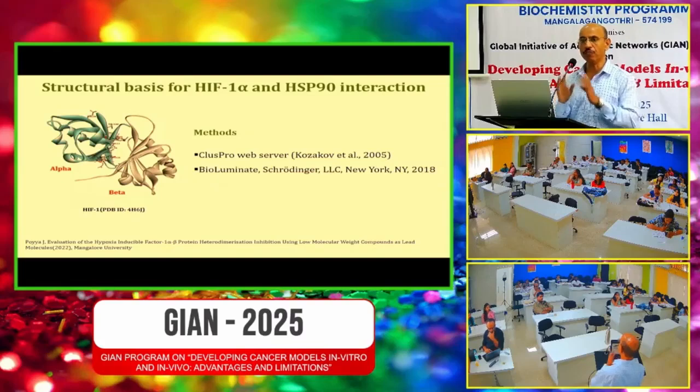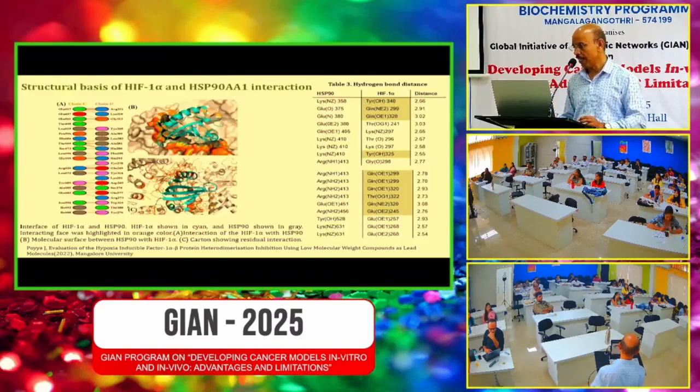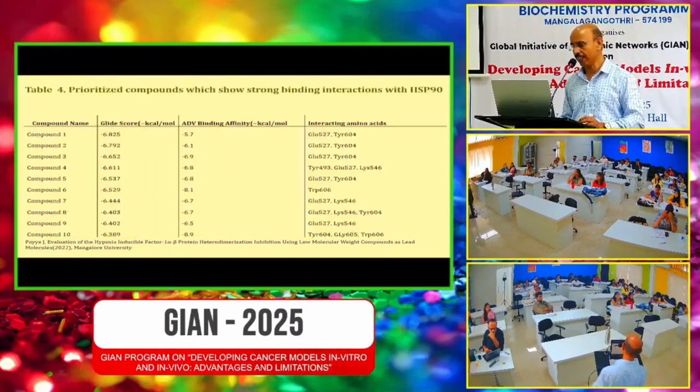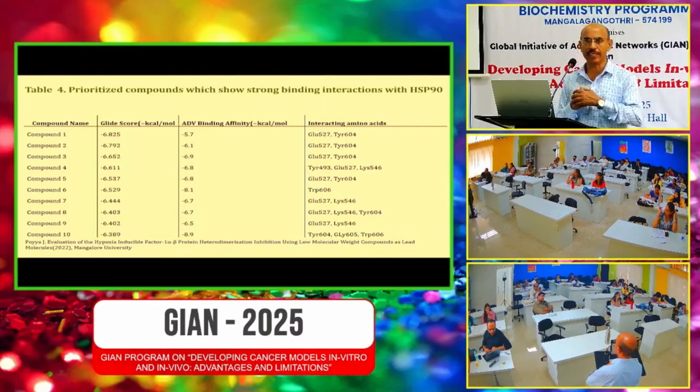So we wanted to find out how exactly that interaction is altered by our molecule, and we did similar studies to find out in what way it prevents the HIF1 alpha HSP interaction.